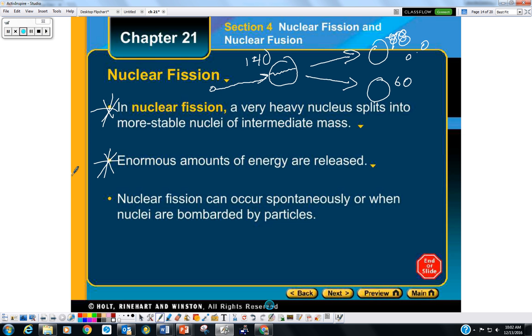When the bowling ball hits the pins, the other pins hit other pins, and it causes this big chain reaction. Same thing inside of a nuclear reaction. We can have this happen. The key for us, the reason why fission is such an important deal, is that we have an enormous amount of energy that's produced.